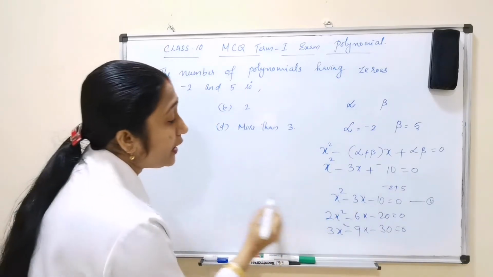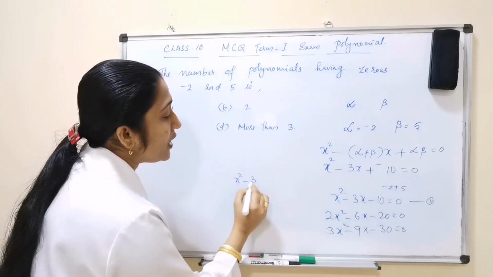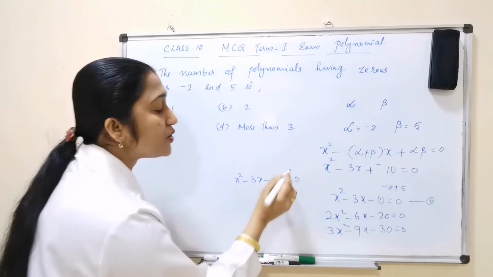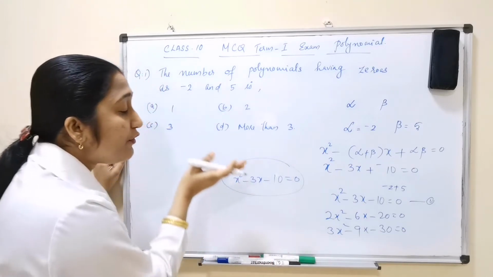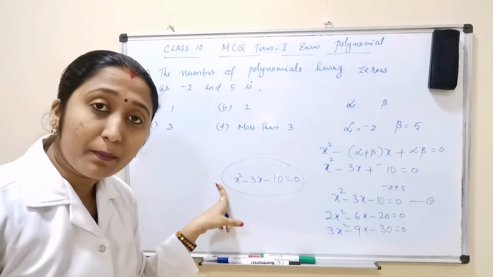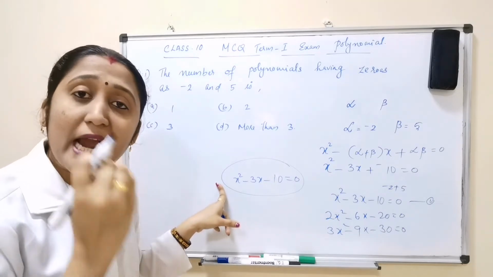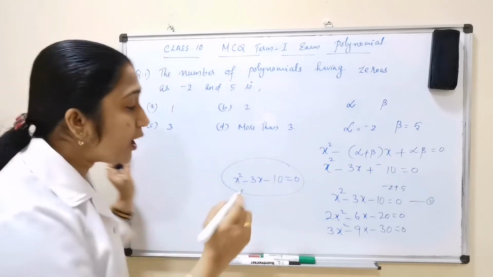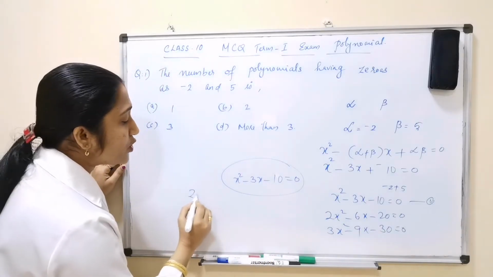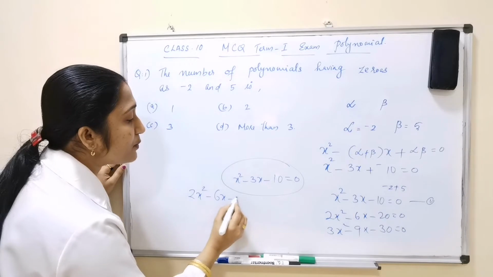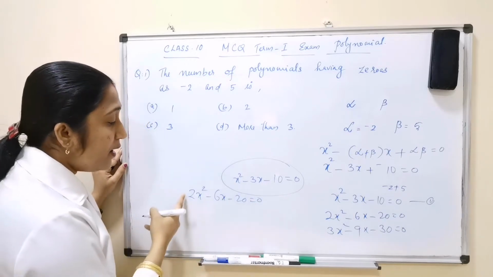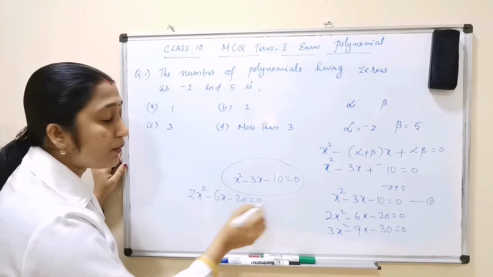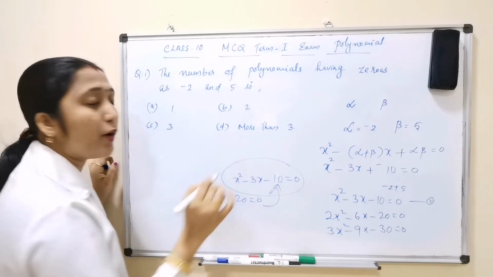Why? If x square minus 3x minus 10 equal to 0 is a polynomial, and you multiply it by any real number, we get a different polynomial, but the zeros are the same. Because for 2x square minus 6x minus 20 equal to 0, if we divide throughout the equation, we get the same polynomial.